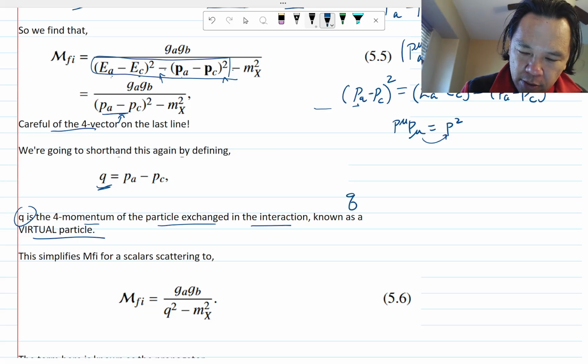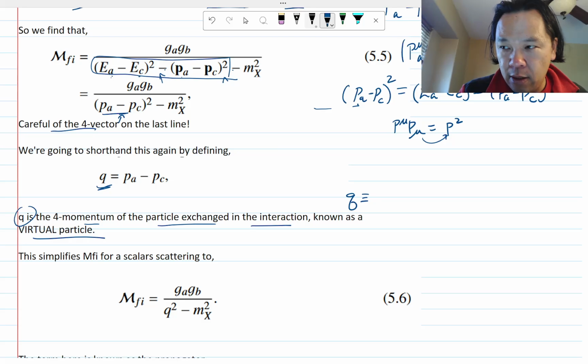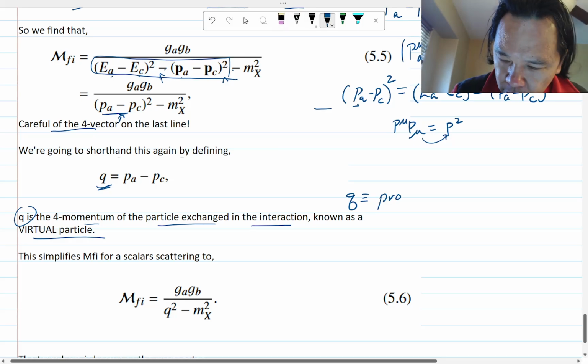In a lot of places you will also see Q called the propagator's momentum. We're going to talk about this in a second.